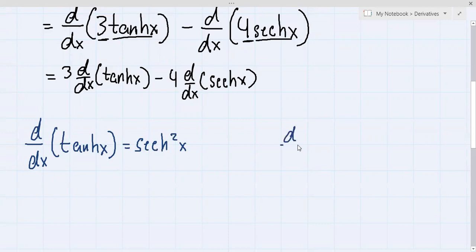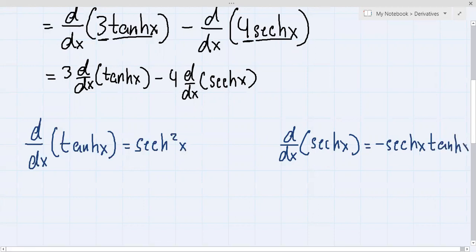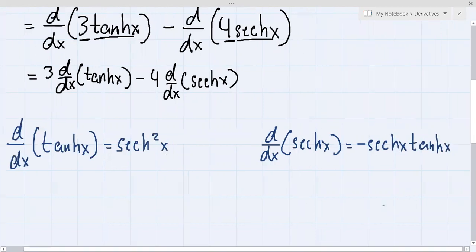Now, for the secant naman, ang derivative ng secant hx, forgive me. Ito naman, you will have negative secant hx times tangent hx.